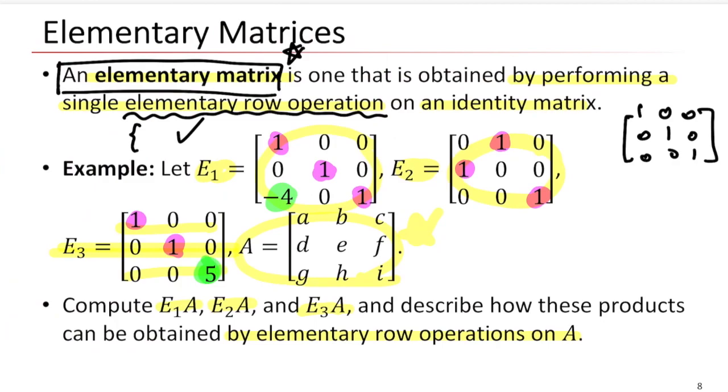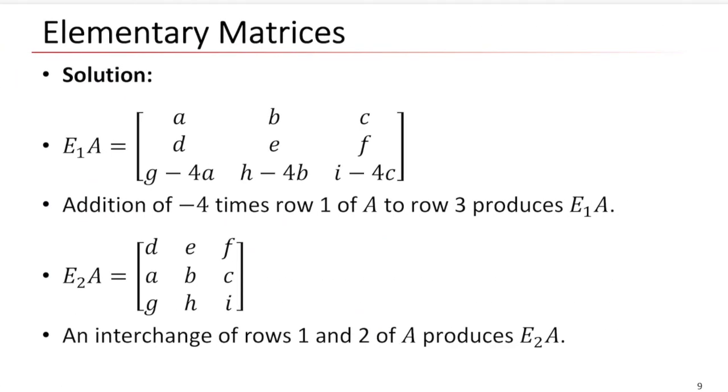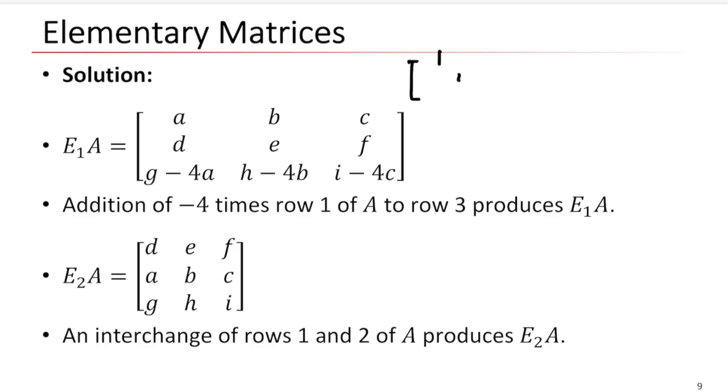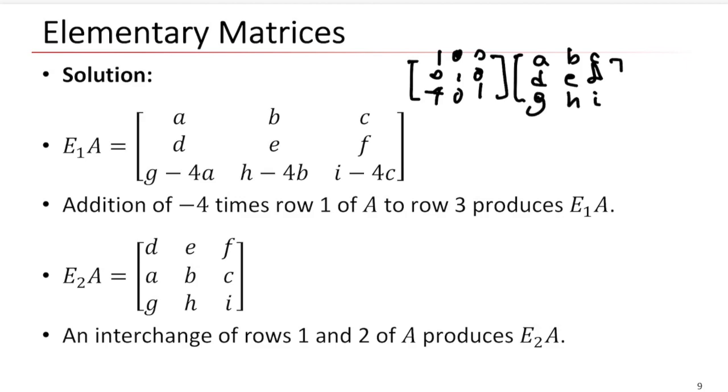First of all, how can I compute E1 times A? What is E1? 1, 0, 0, 0, 1, 0, negative 4, 0, 1. And A was a, b, c, d, e, f, g, h, i.